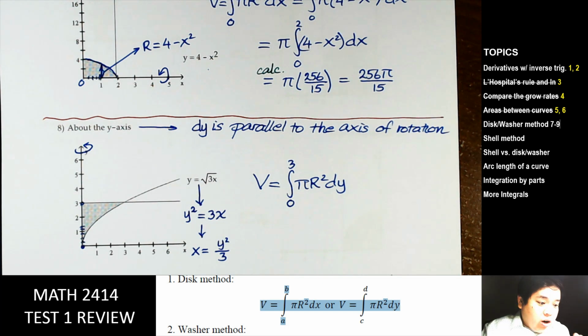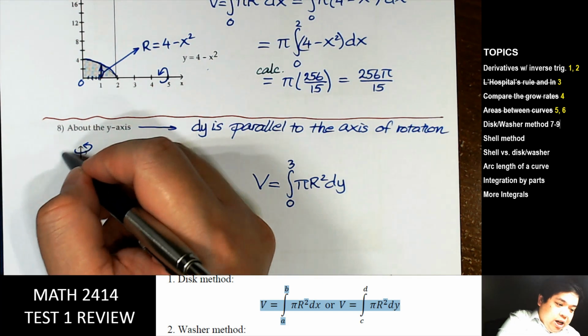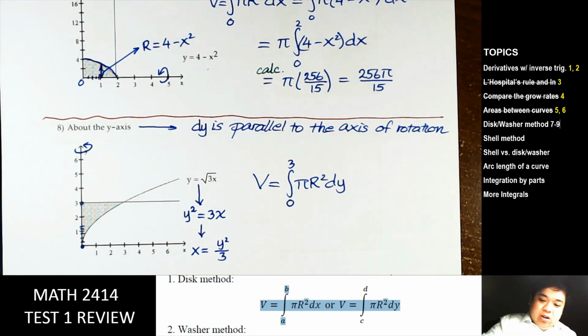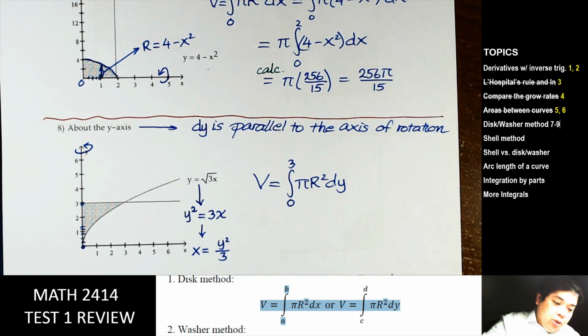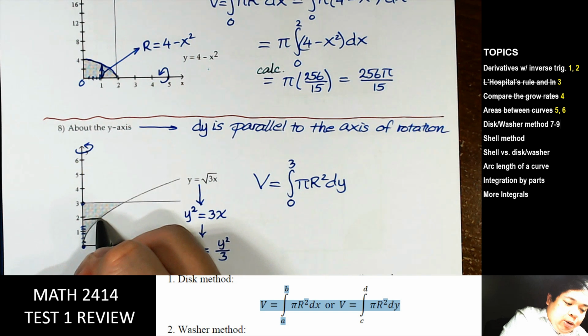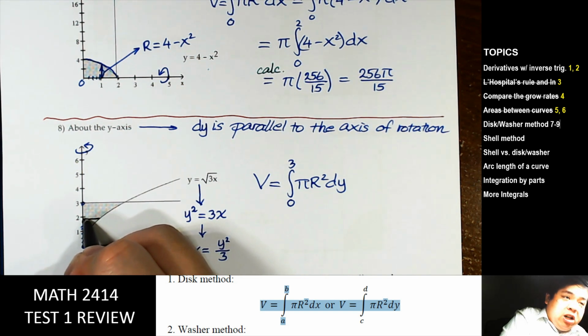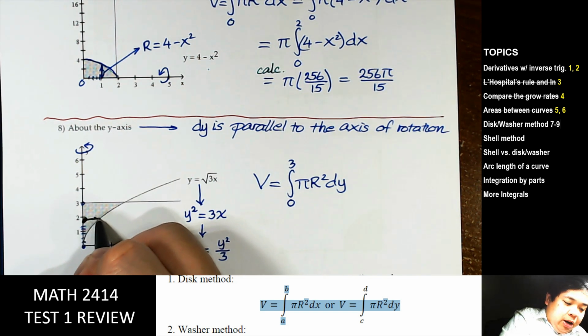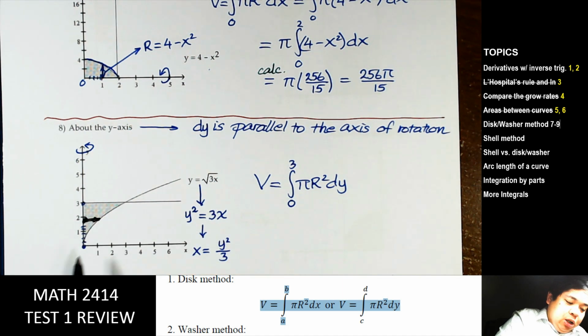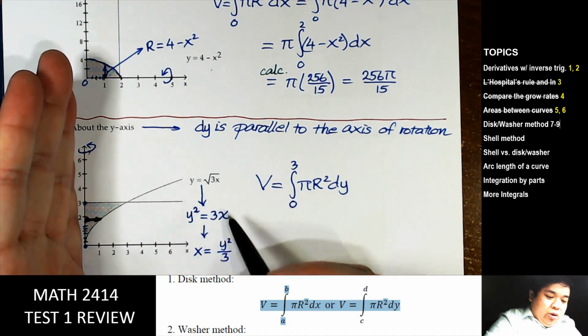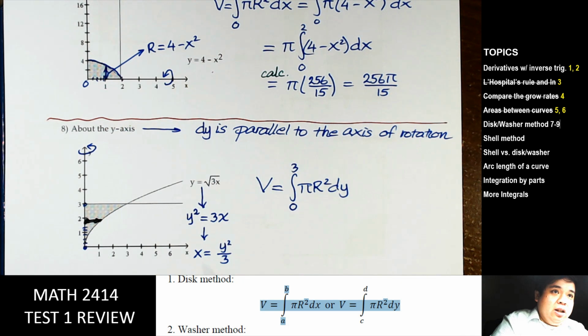Alright, now we talk about the axis of rotation. It rotates like this around the y-axis, meaning the radius will be from the axis of rotation to the edge of the region. Which means from 0 to the function here.